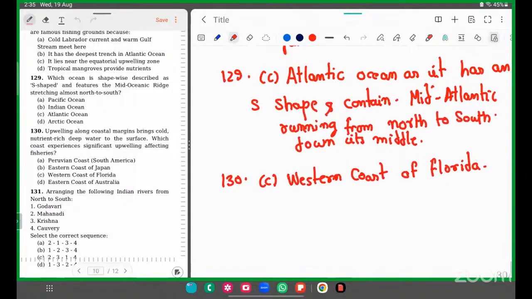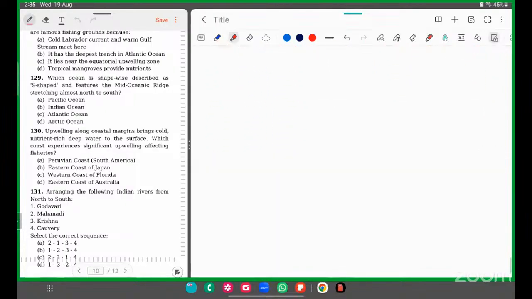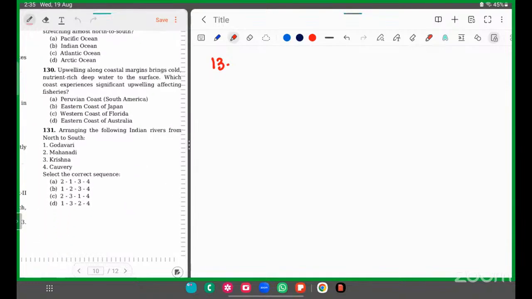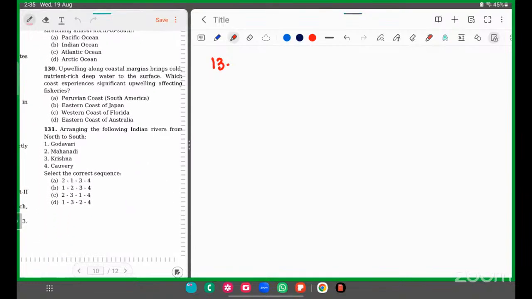Godavari, I think, is lower than Mahanadi. So Mahanadi will be first. Then comes Godavari, and after Godavari, Krishna, then Kaveri. So 2134. A will be the answer.